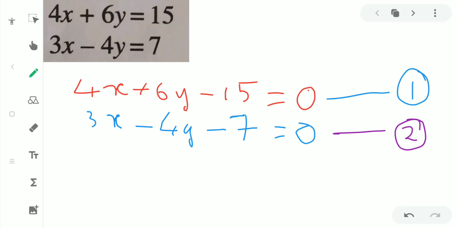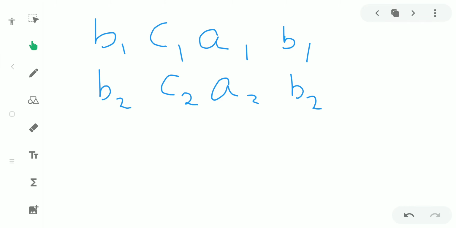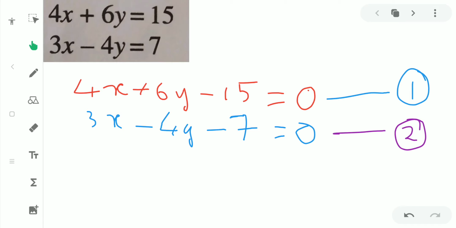So now b1, c1, a1 and b1. So this is b1, 6, this is c1, minus 15, a1 is nothing but plus 4, and b1 is again 6. We should not write the variable, we should write only the numerical value, and we should include the sign also.